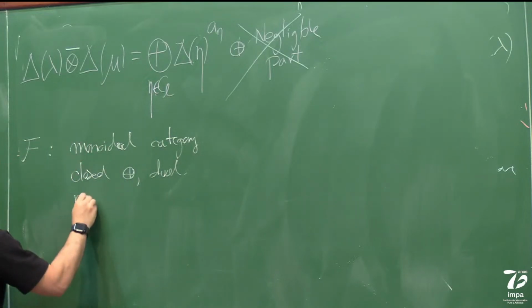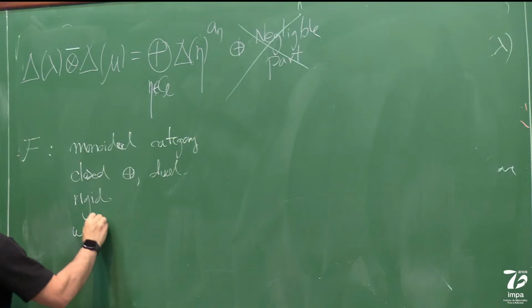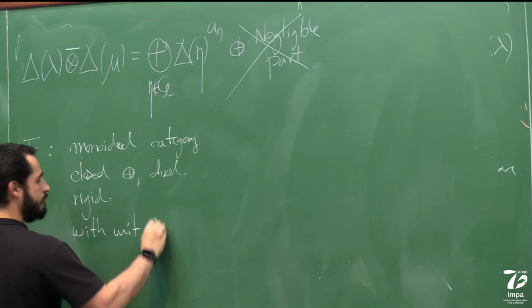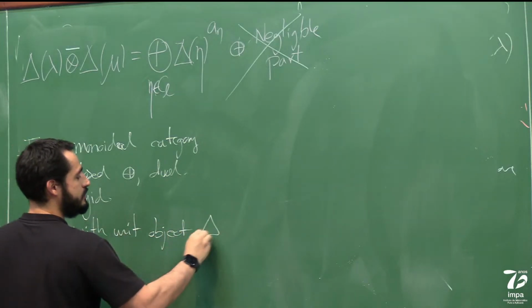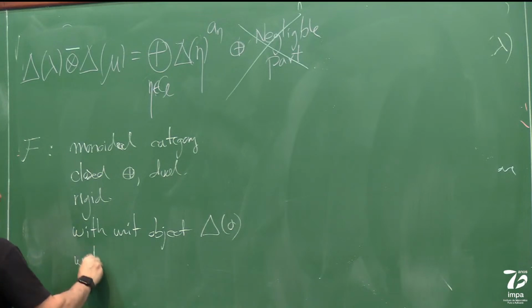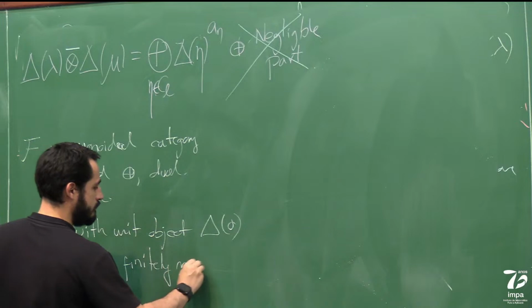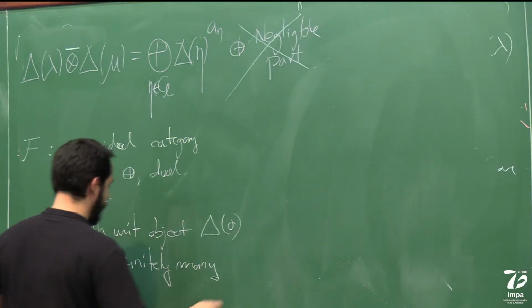It is a rigid monoidal tensor category with unit object. The unit object is just this, with weight 0, and with finitely many simple objects.